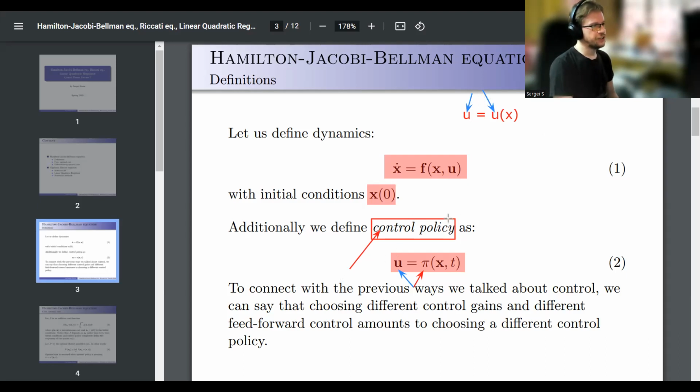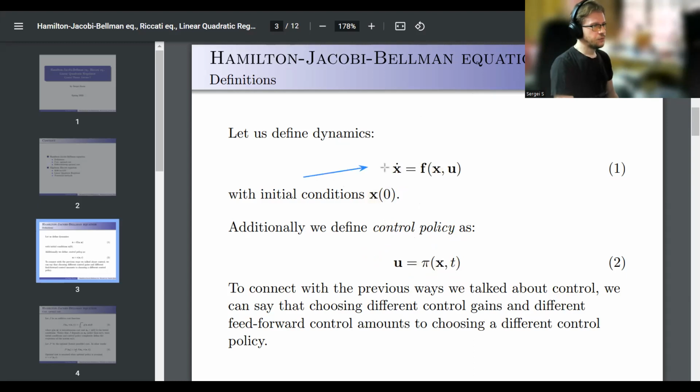We could have stuck to control law here, but I introduced control policy, partly so you don't feel afraid when you encounter it next time in, let's say, reinforcement learning, where they use control policy very typically. It doesn't matter. Control policy and control law are the same thing. It's just the way to reference pi, the way you compute control, the function, not the output of the function.